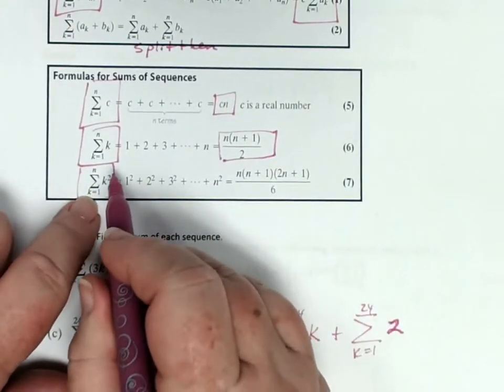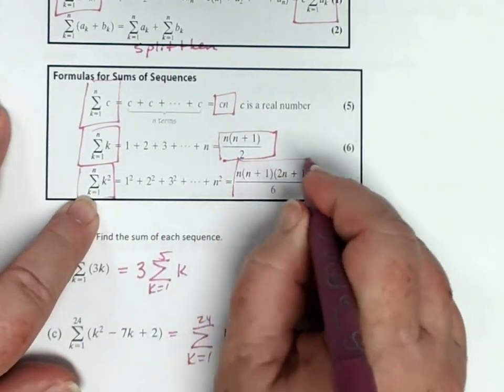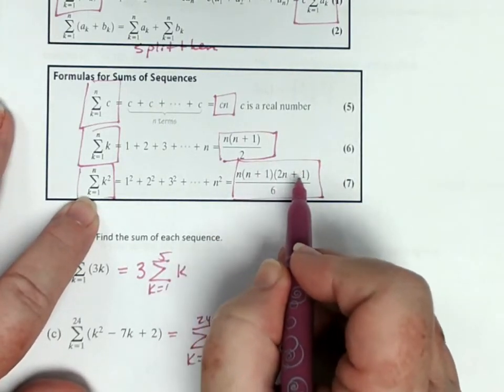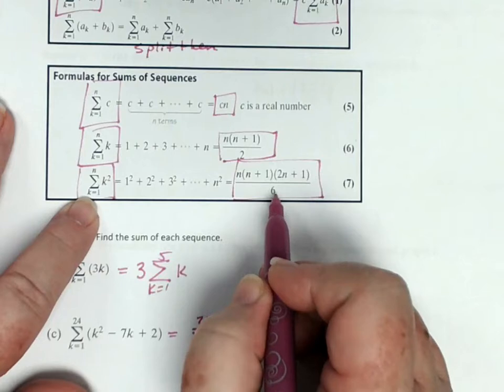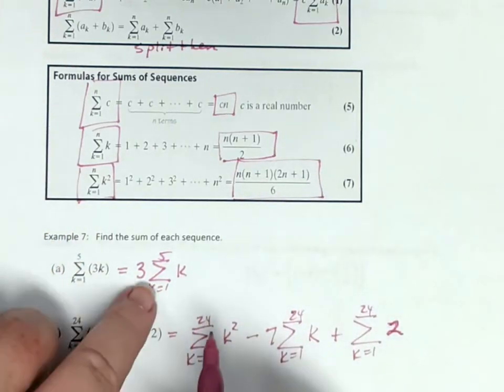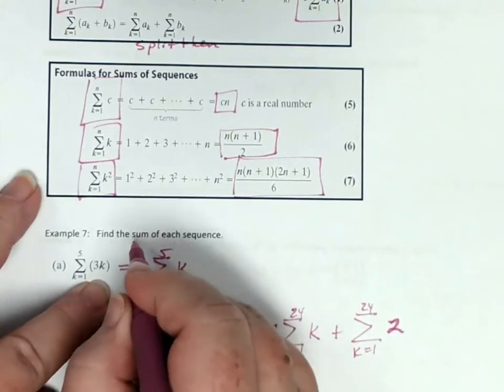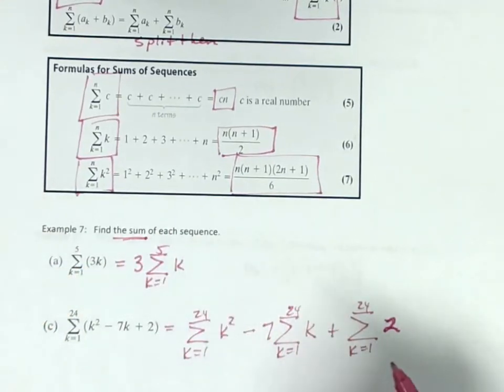And if the k is squared, we're going to do n times n plus 1 times 2n plus 1 over 6. So let's take a look at this first problem. We've split it out, but we still haven't found the sum. So that's the rest of this lesson, is finding the actual sum.